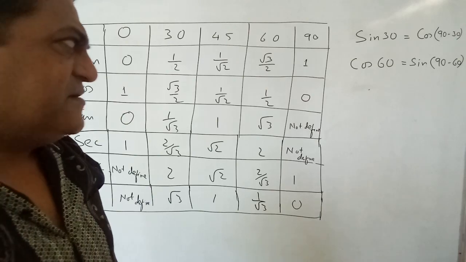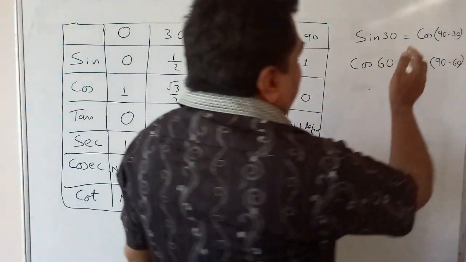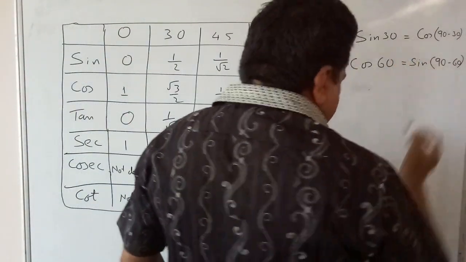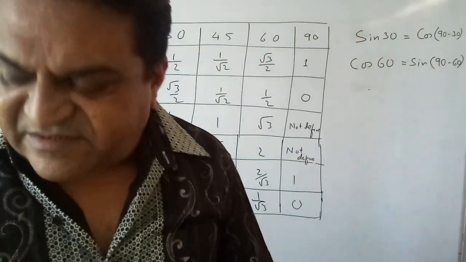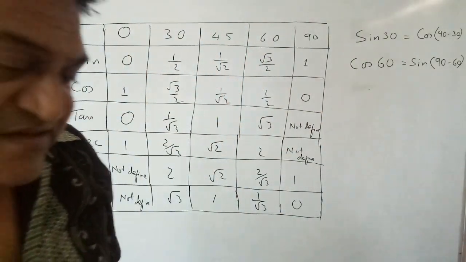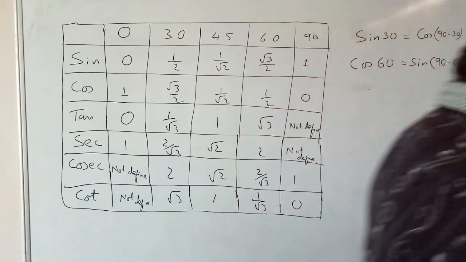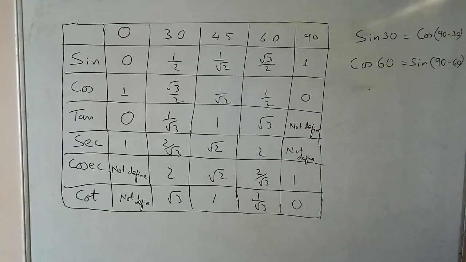Understood? So what I want to tell you is, if the angles are complementary, the values are the same. And from this I want to show you different trigonometric ratios and their conversion, how they are converted from one to another.